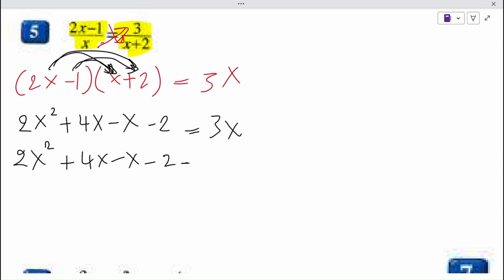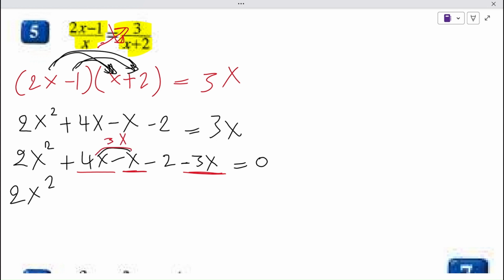Now look here, guys. How many x do we have here? 4x minus x minus 3x. Let's add together. Write down this 2x squared. So here we have 4 minus 1 is equal to 3x, and 3x with minus 3x we can cancel together.